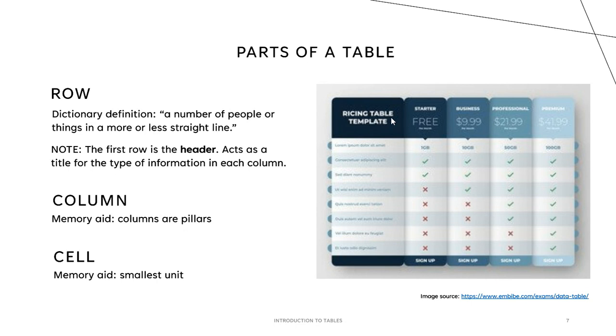So what we're saying is, if you look at this table here, the first row has a different color. It is highlighted. That's because it's a special row and it acts as a title for the type of information in each column. So if this first column, for example, is going to contain names of people, then you will expect to find name written at the top of the column.